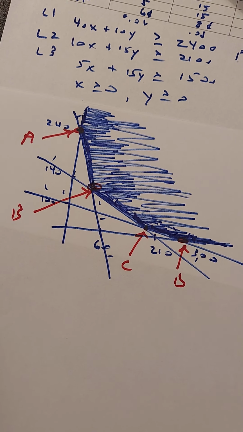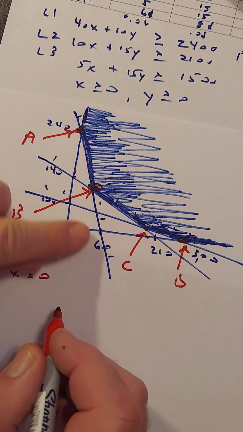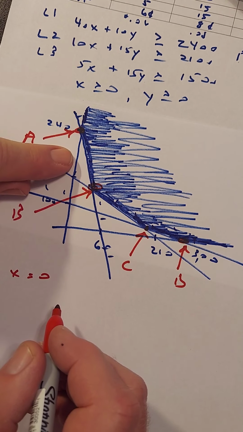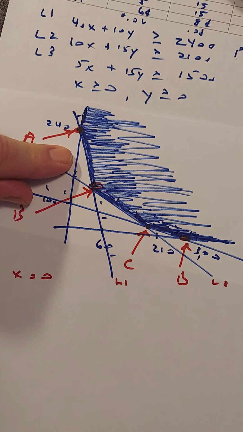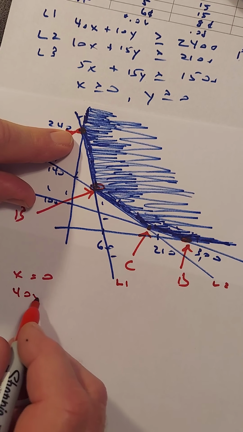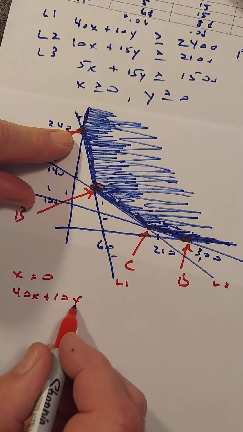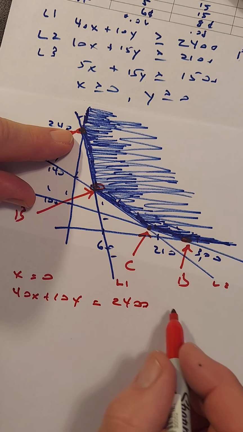Okay, so to find A, it's the intersection of x equals 0 and this line here, which was L1. I should have put that down: L1, L2, L3. L1 was 40x plus 10y equals 2400.